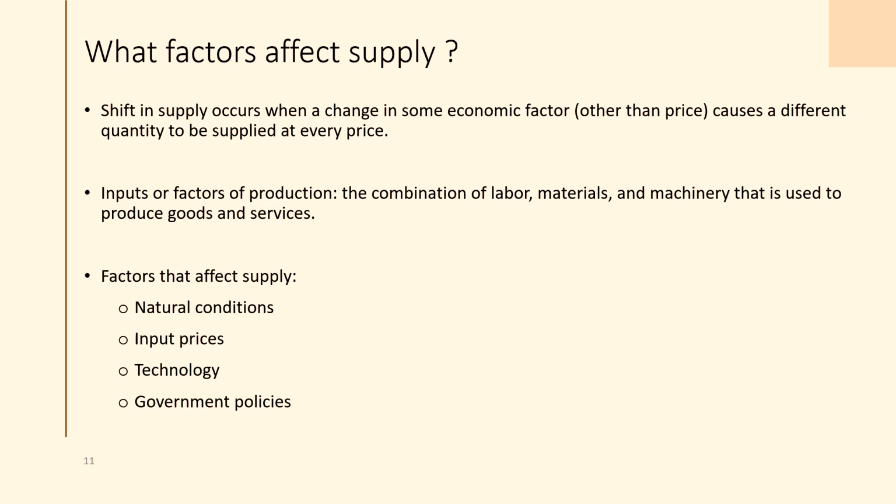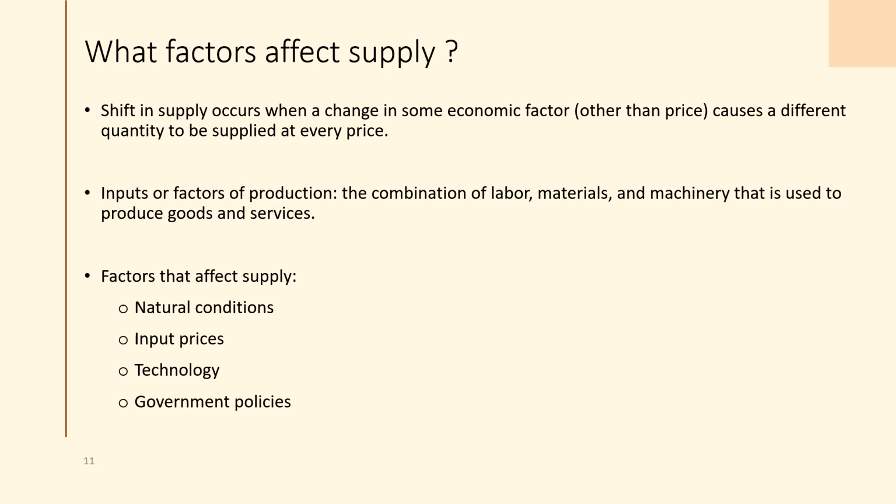Now let's turn to supply. A shift in supply occurs when something other than price changes, affecting the quantity supplied at every price. Several factors influence supply. First, natural conditions, such as weather, which can affect agricultural production.